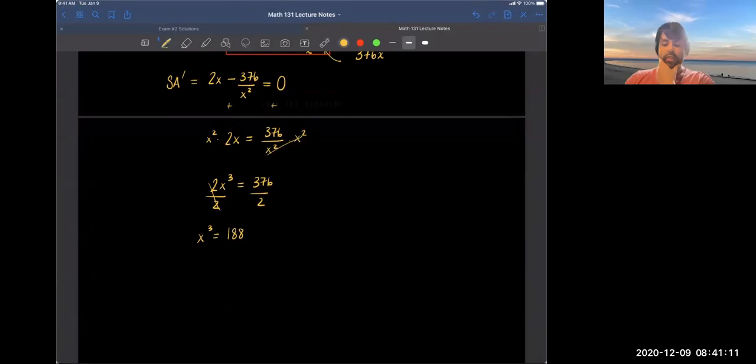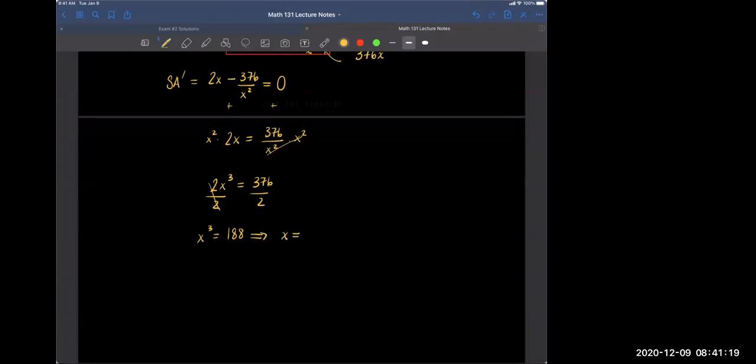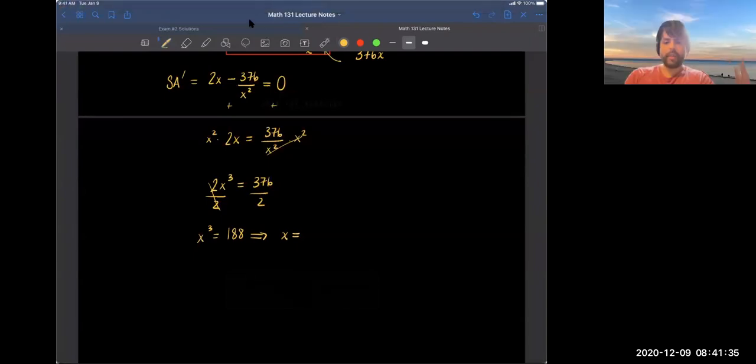So now x cubed equals 188. So then what does x equal? How do we find x if we know that x cubed equals 188?